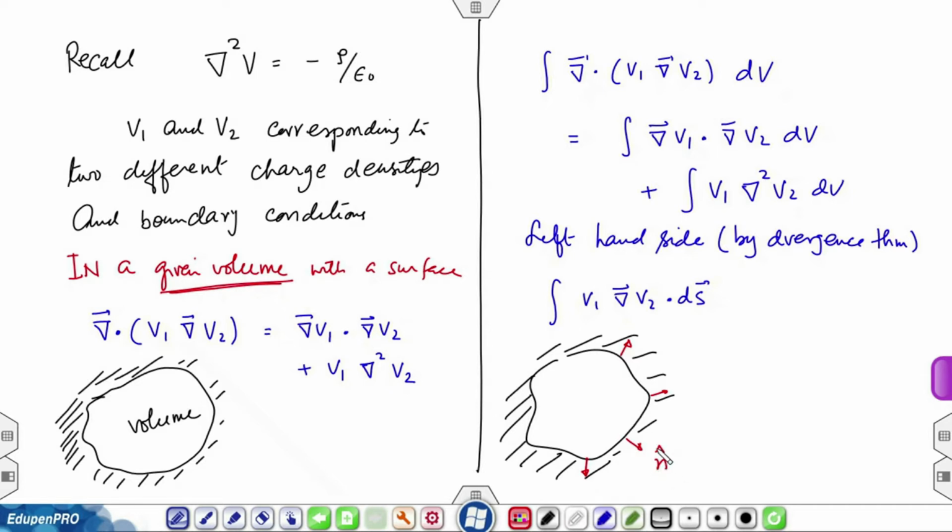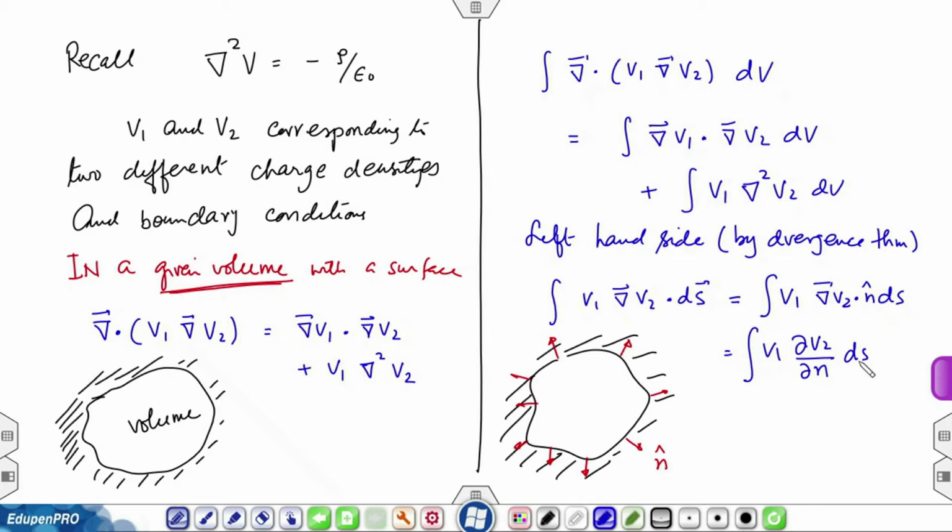This is the normal n. So, I can write this integral as V 1 grad of V 2 dot n ds, which symbolically most of the books are going to write as V 1 partial V 2 with respect to n ds. That is the left hand side.